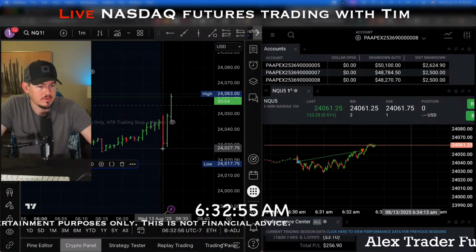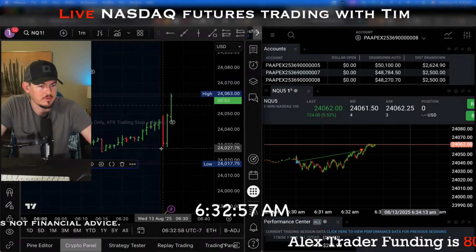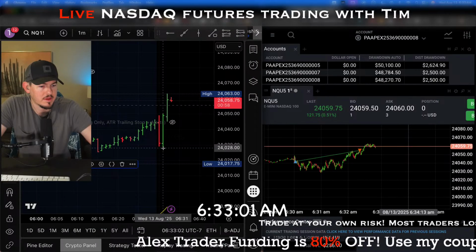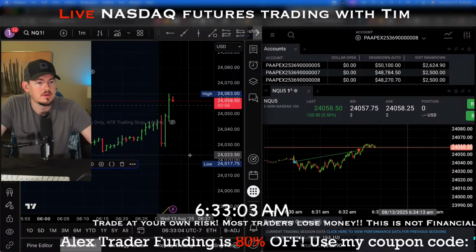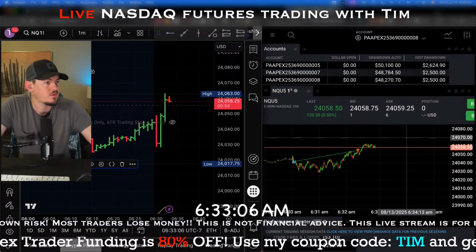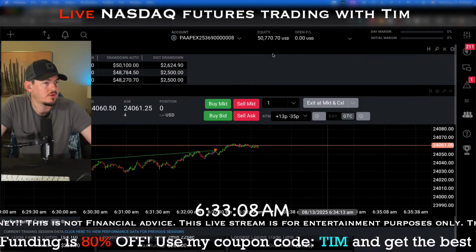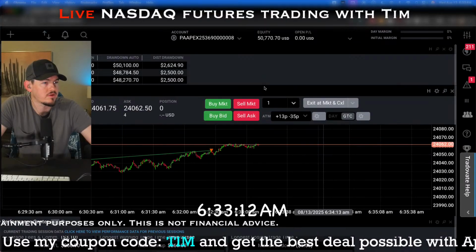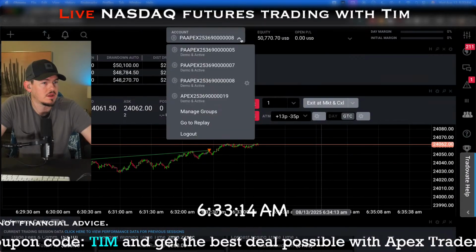So this is the opening bars, and this is the bar that we just had. So I'm now going to switch this account to first close out all the trades, just make sure we're liquidated.